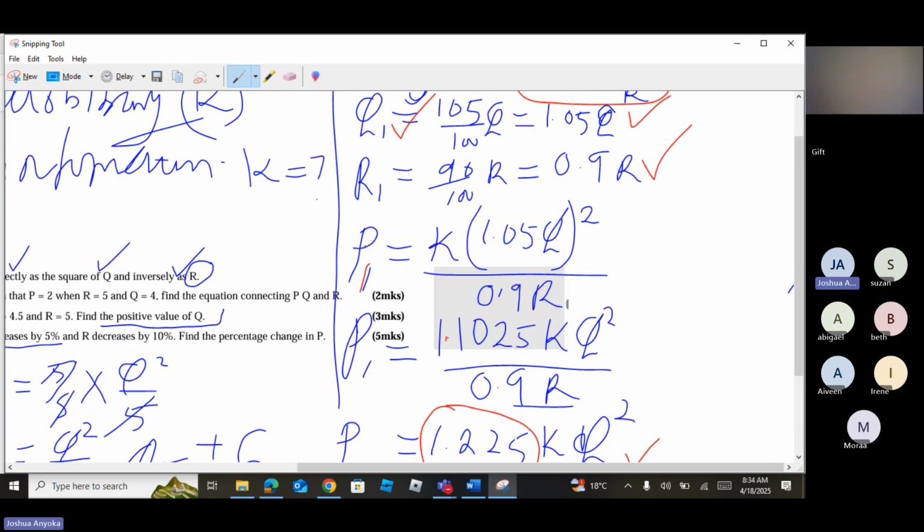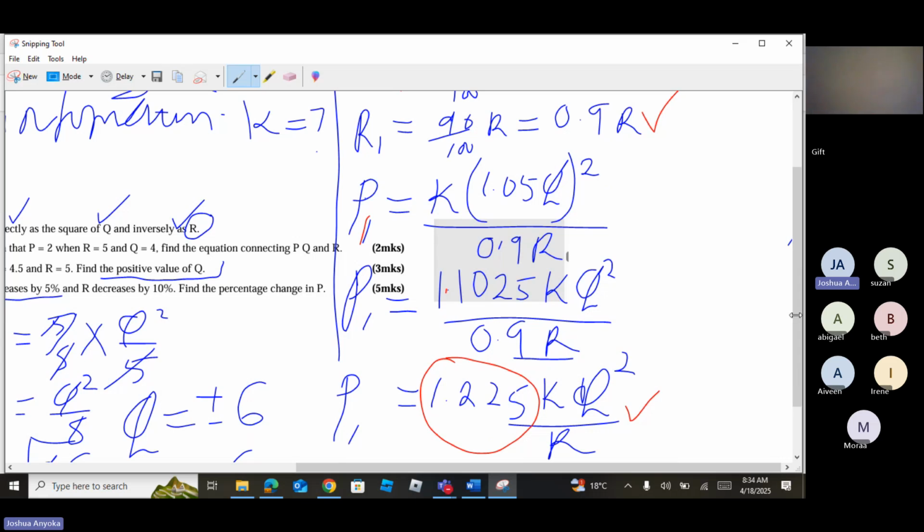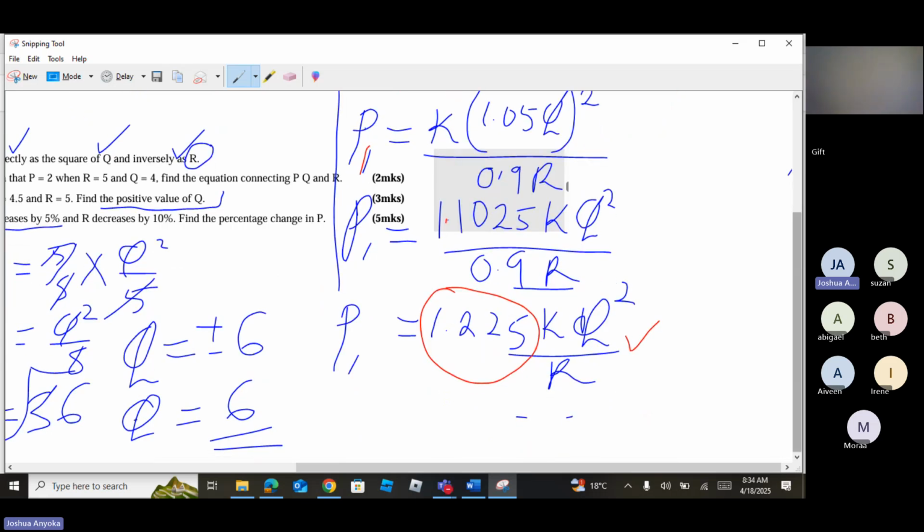So percentage change in P will be equals to what? We simply take the coefficients. Percentage change in P is equals to P1 minus P over P, then times 100. We don't struggle so much. We take the coefficient of P1 minus the coefficient of the original P divided by the coefficient of the original P, then we multiply by 100.